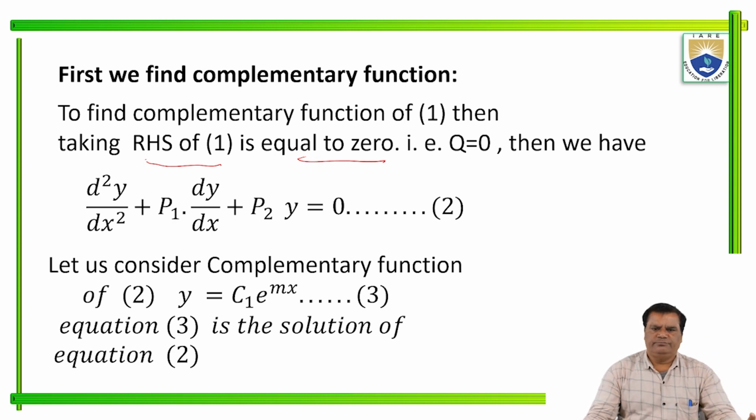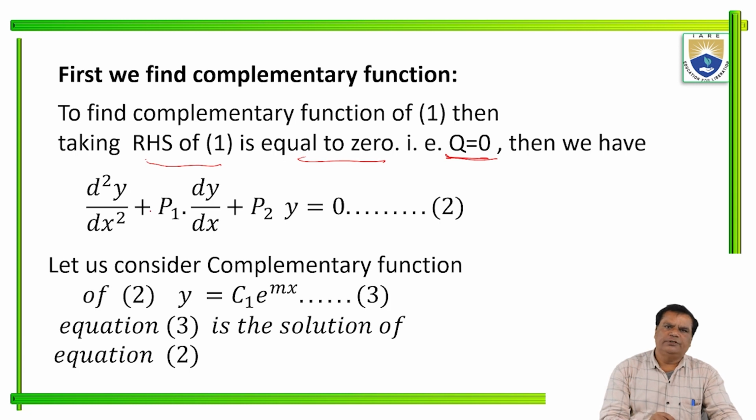When q is 0, then we find the complementary function. Whether q is given or not is another matter. If q is given, then for finding the complementary function we put q equal to 0, taking the right-hand side as 0. Then we can find the complementary function.